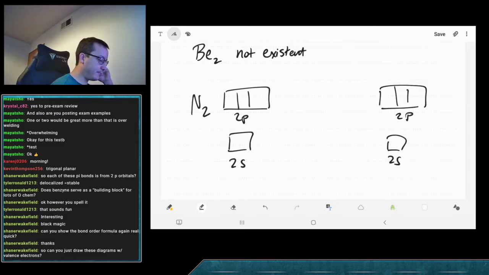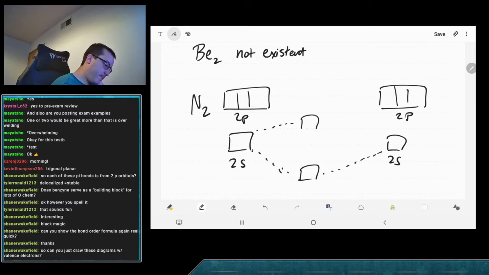Okay, fine. So let's go ahead and look at this. I've again drawn them too close together. Oh gosh.